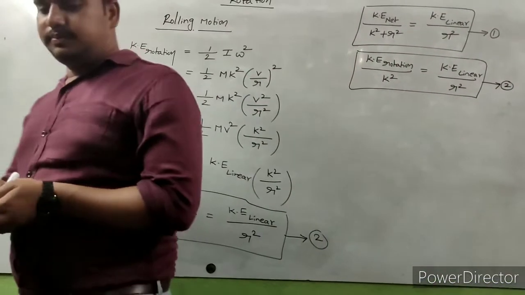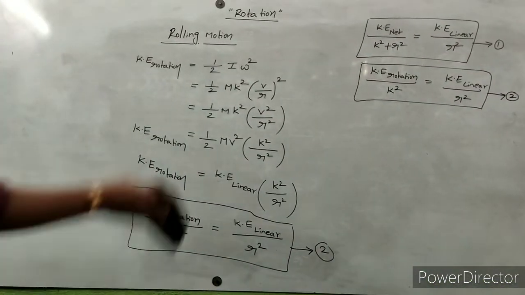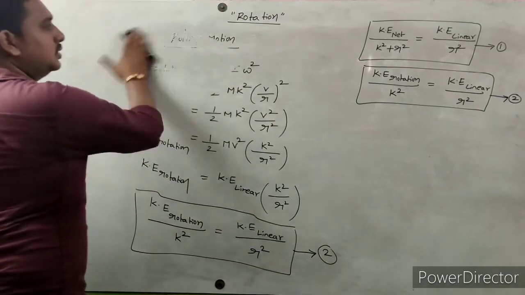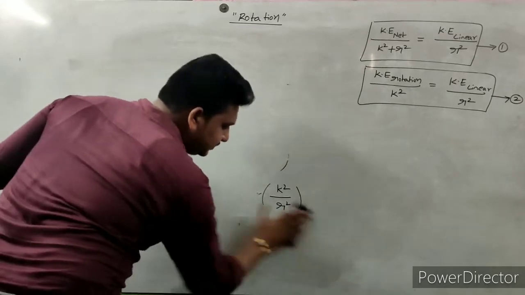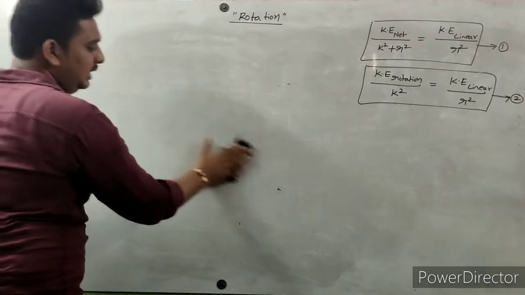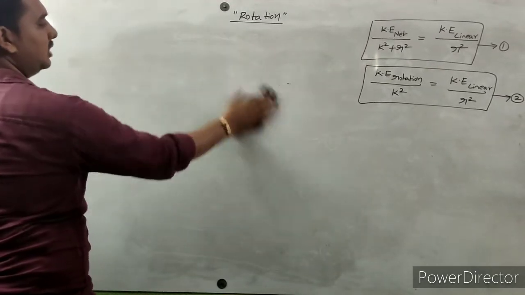So we got two equations here. Regarding kinetic energy of rotation, linear and net kinetic energy, we got three relations.